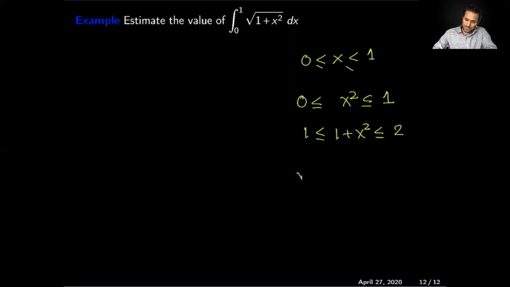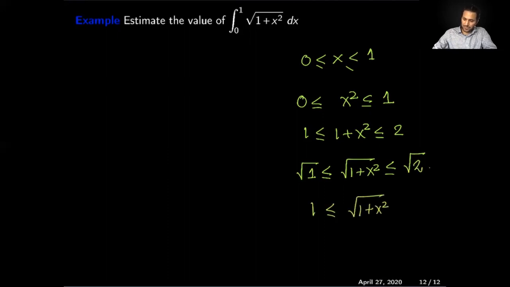If I take the square root, because it is an increasing function, it will not change the direction of the inequality. So the square root of 1 plus x squared is between 1 and square root of 2, when x is between 0 and 1.